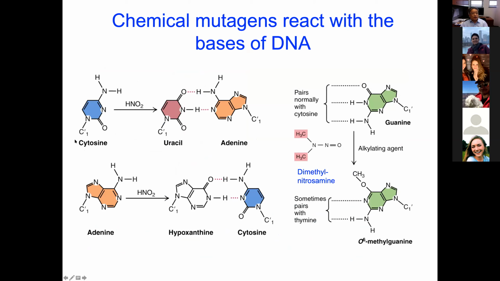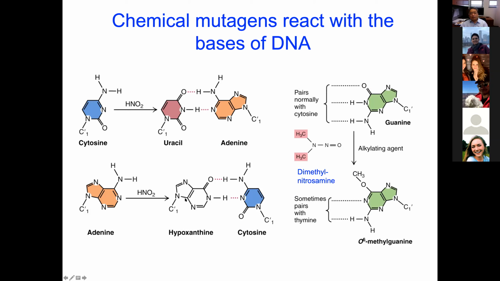Originally, it should form a base pair with guanine, but if there's a modification, it can form a base pair with adenine. Also, the amine group on adenine can be removed by nitrous acid to change it into hypoxanthine, which can form a base pair with cytosine.